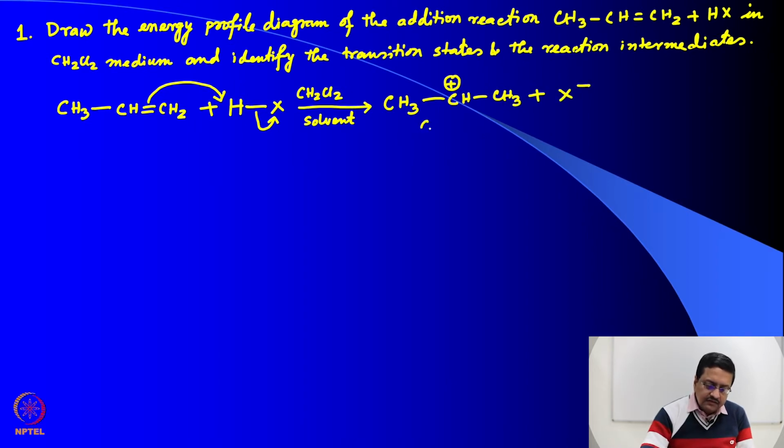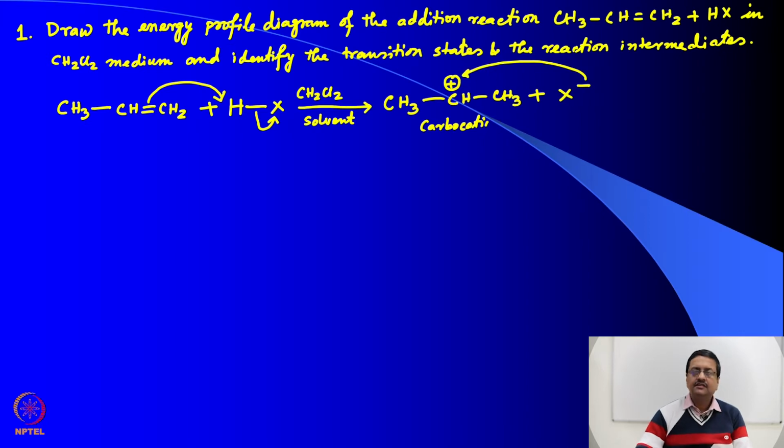This is the carbocation that is formed in this reaction. The next step of this reaction is the attack of X minus to this carbocation site to give you the final product of addition reaction.